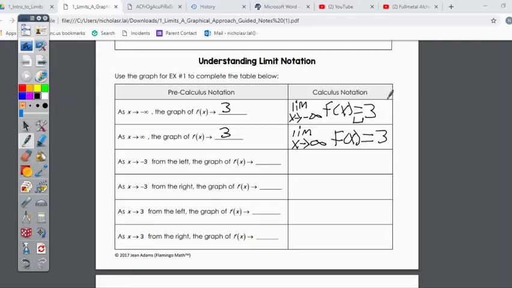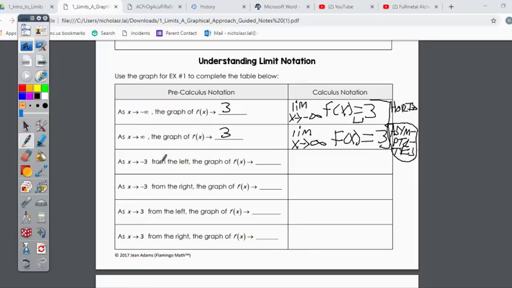When you're approaching negative infinity and infinity, these are infinite limits. These are also horizontal asymptotes. You can fit asymptotes in there.